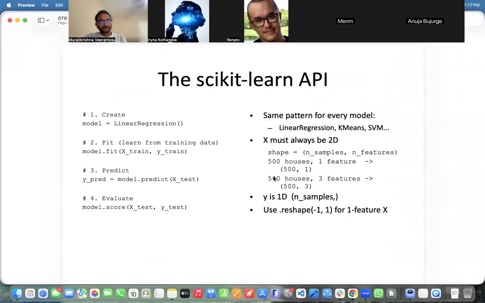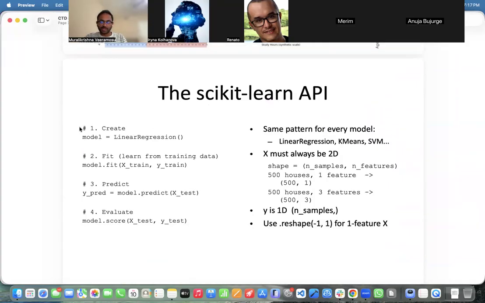So scikit-learn is a library in Python used for classic machine learning, right? Here is an example of linear regression code. So you create the model, and we are saying we require a linear regression model, and X train and Y train is your data. X is an input, Y is an output, and then you are giving the model both input and output in order for it to train by itself.